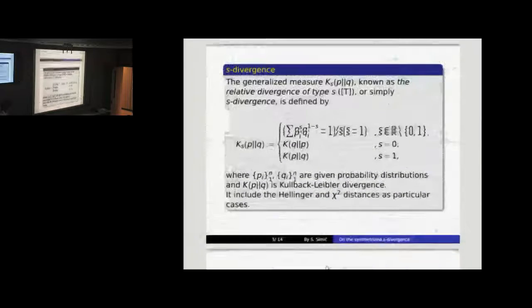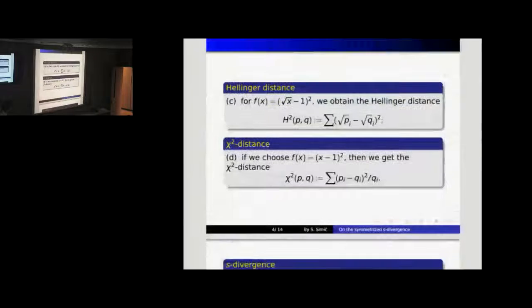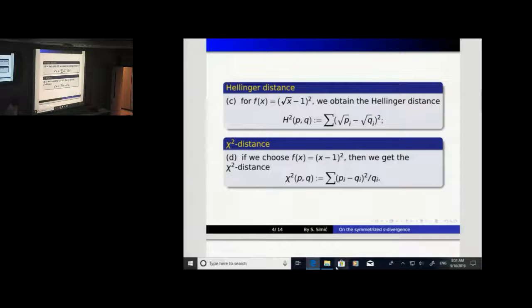Where is the definition? Okay. So h square of PQ is the same as h square of QP, just because of this square being the same. So there is symmetry.